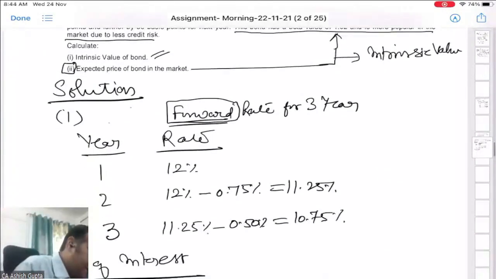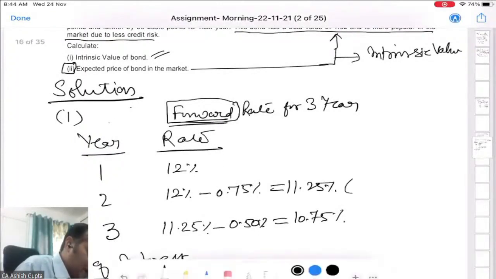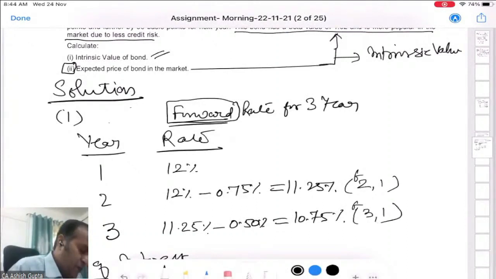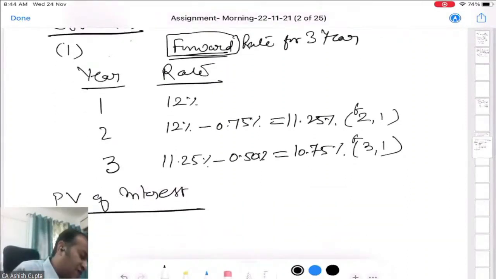Now, students, I hope you will be thorough with this term now. So we can say FN this. Okay, so here we have these three forward interest rates, and now we shall solve it because we want to compute the intrinsic value.